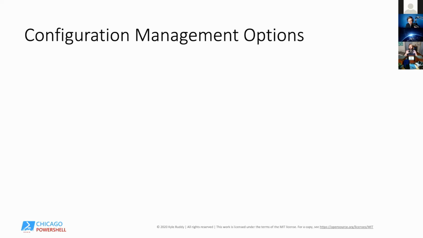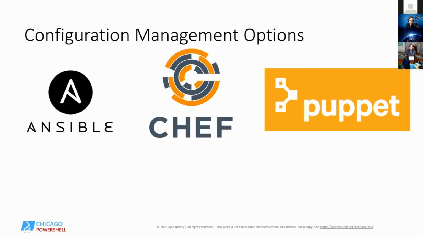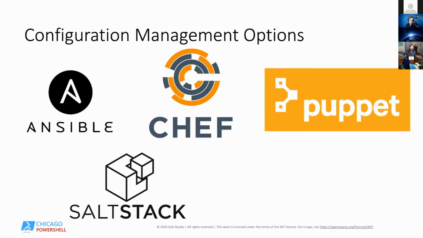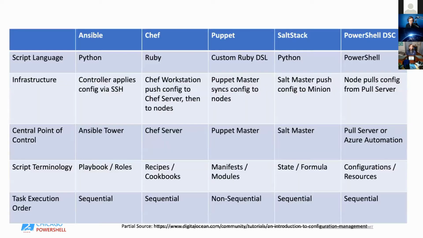All right, so there's a ton of different options out there on the configuration management landscape. Things like Ansible and Chef, Puppet, SaltStack, and PowerShell DSC. Here's a brief run-through of how these all break down, because each one has its own pieces of information, intricacies, and terminologies.